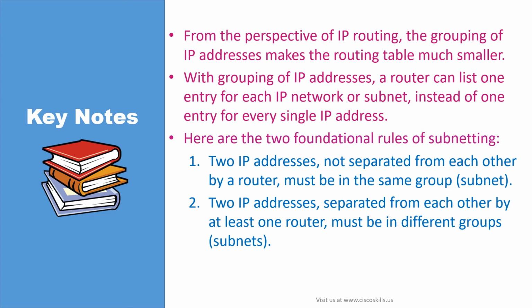Here are the two foundational rules of subnetting. Two IP addresses not separated from each other by a router must be in the same group or subnet. Two IP addresses separated from each other by at least one router must be in different groups or subnets.